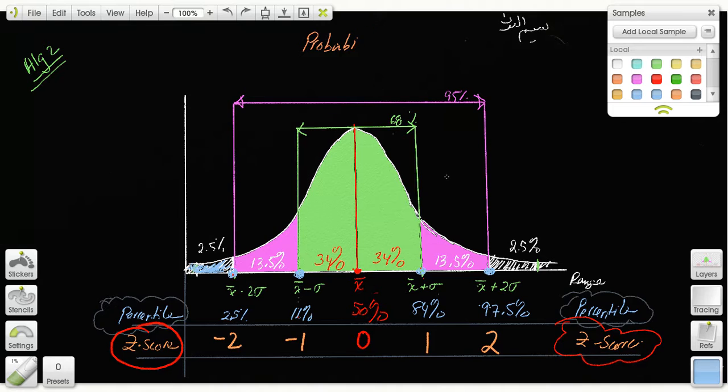Here are the questions actually from the textbook. The question says, in a normal distribution that has a mean of this and a standard deviation of that, what's the probability of a randomly selected data point being between the mean and 2 standard deviations away?